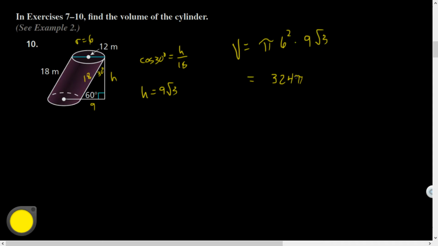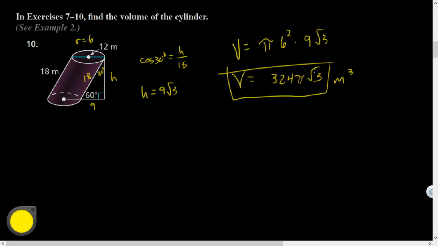324 pi square roots of 3. By the way, in terms of leaving these as exact, these are in meters cubed, exact values with pi and the radical non-decimally approximated.